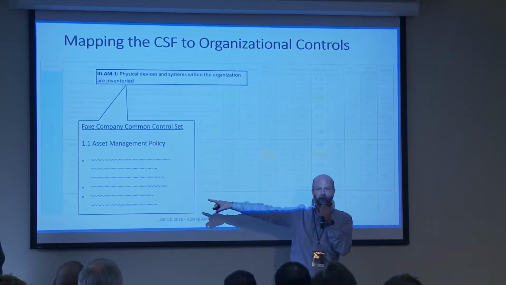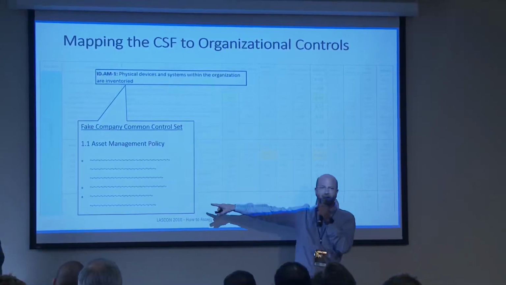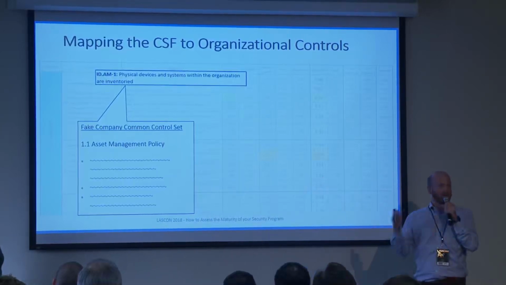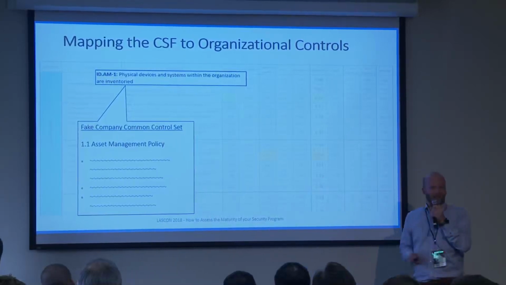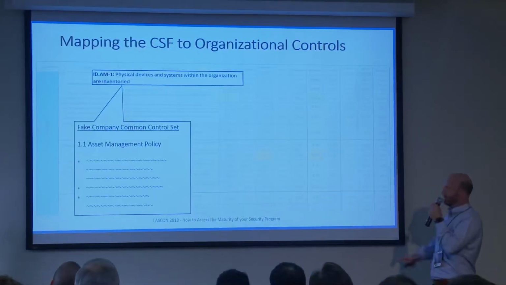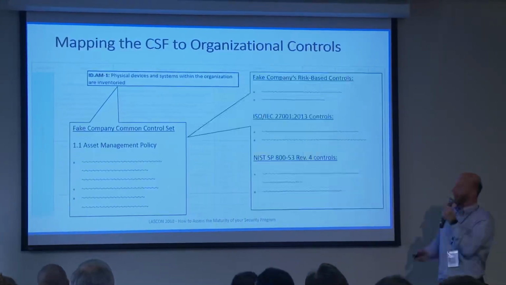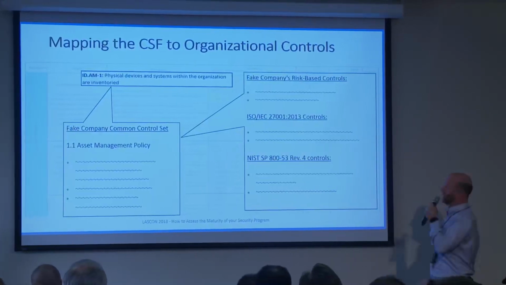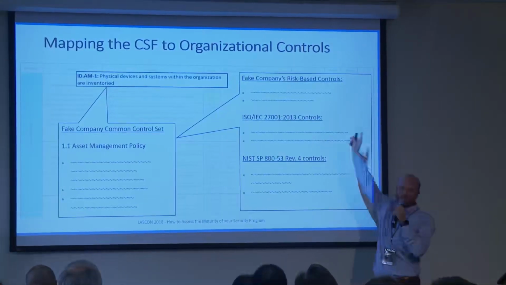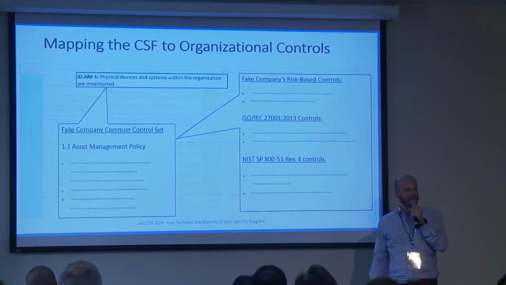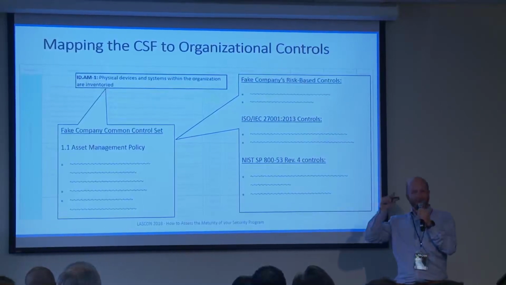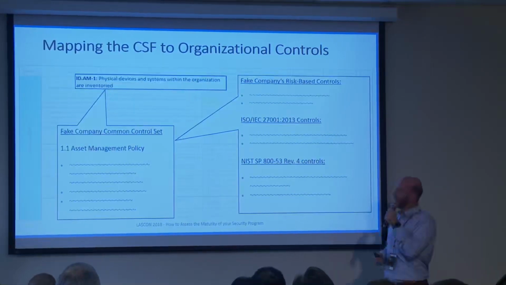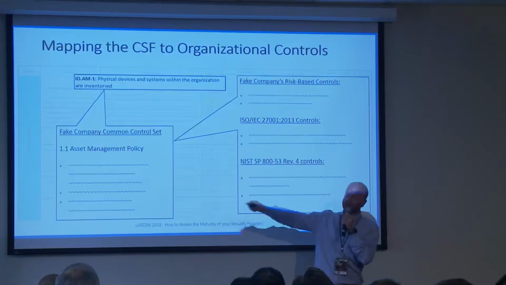And it's more likely that there are more details in here than what the cybersecurity framework tells you. And then if you're in an organization that has multiple compliance requirements, then this common control set may be based on a whole bunch of standards you're managing against, right? So first and foremost, if you do risk assessments, then you have mitigating controls that are defined as a result of your risk assessments. So those go into this common control set.